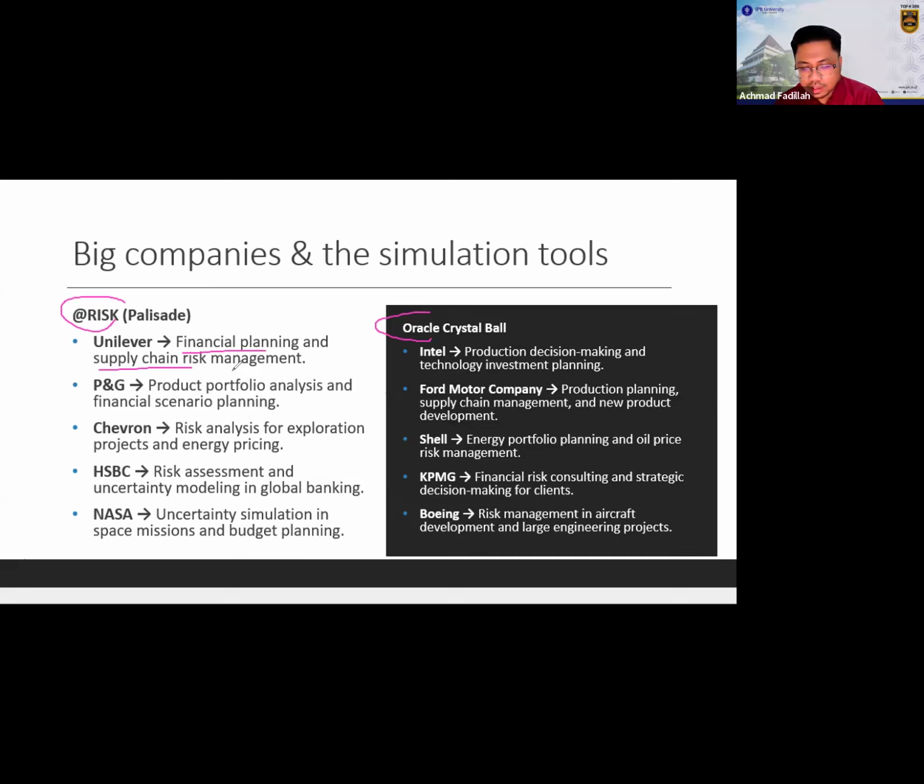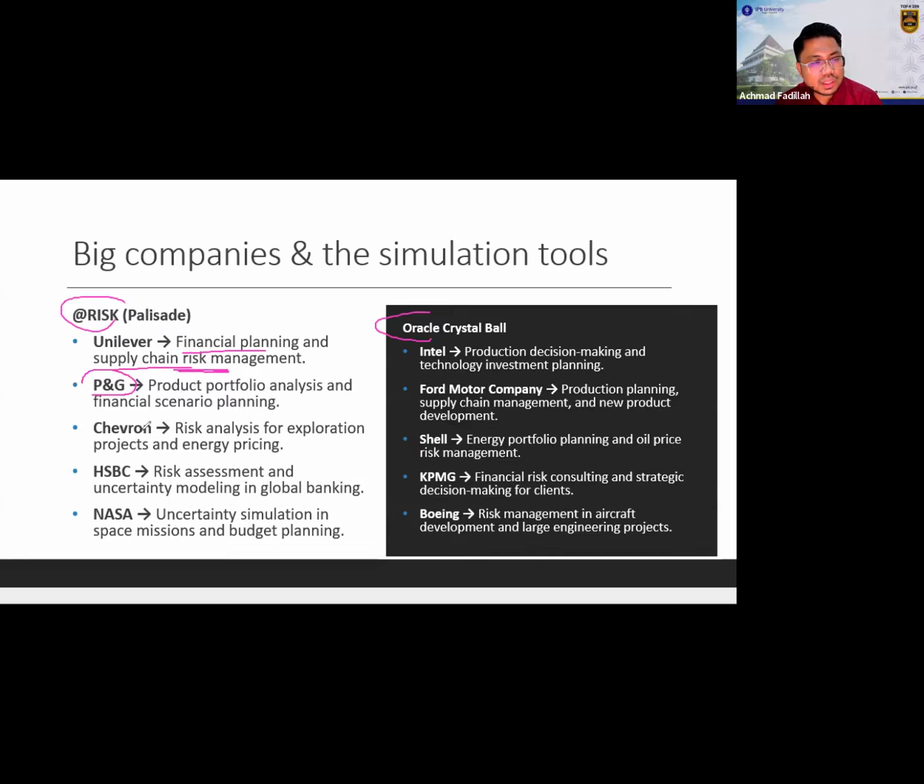Maybe you can easily find Unilever products, because they're really good in terms of planning and even to mitigate or manage the risk of the supply chain.